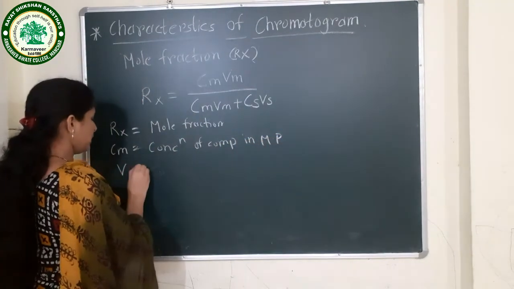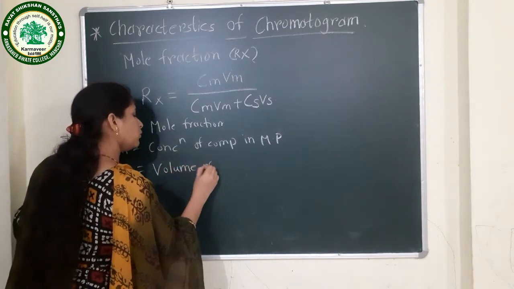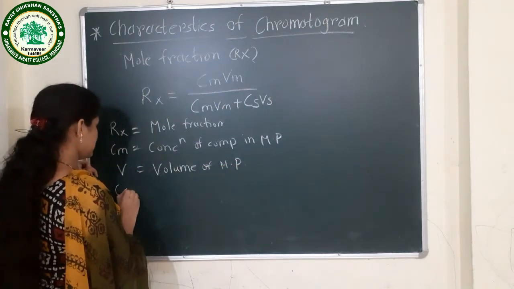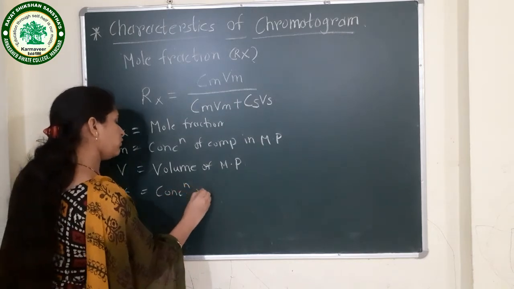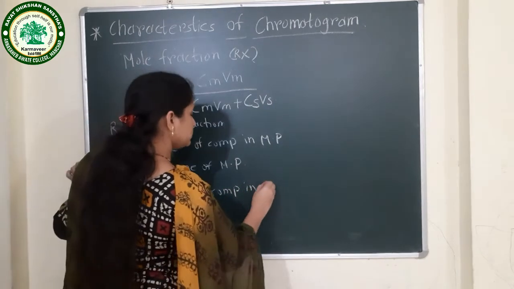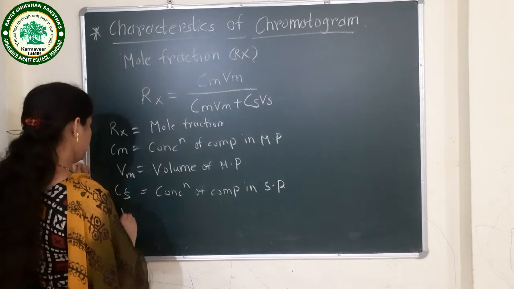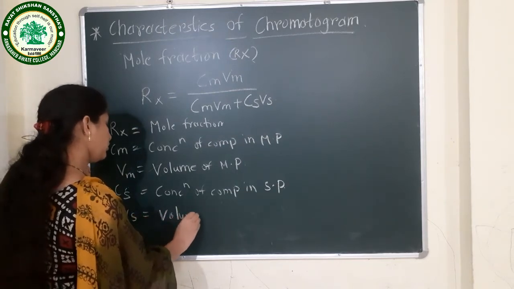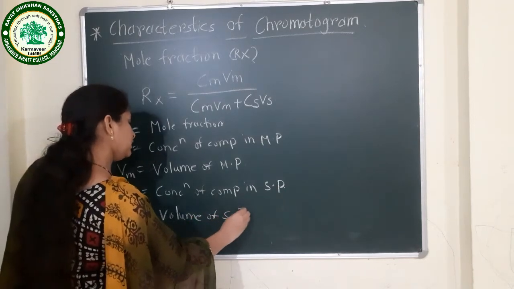Okay. Vm is the volume of mobile phase. Now Cs is the concentration of compound in stationary phase, and Vs is the volume of stationary phase.